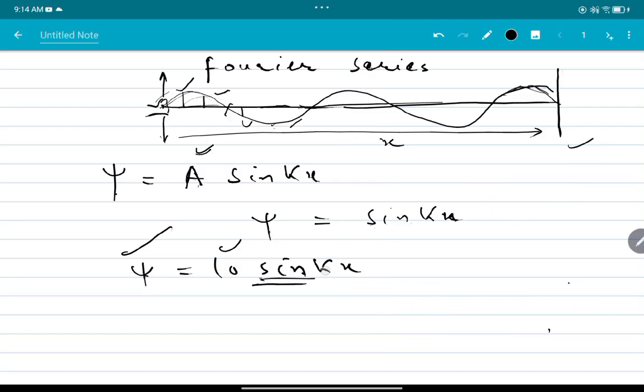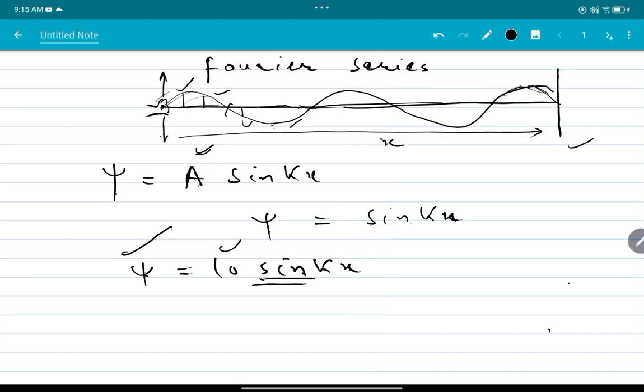Now, what is this kx? Because see, the vertical displacement of the string depends upon the position of the string particles. Here, the string particle is at 0 position. Its displacement is right now. One thing that you must have in your mind: this picture of the string is not going to remain.